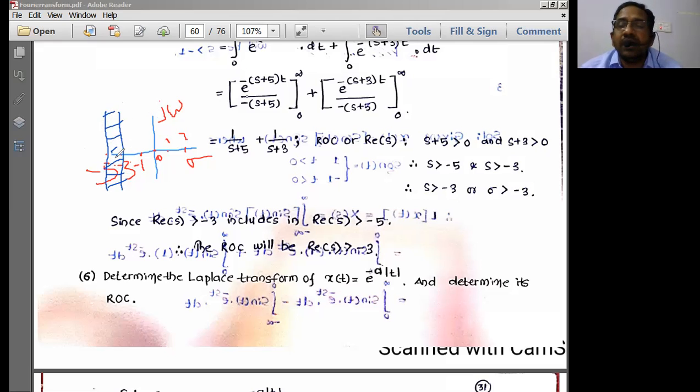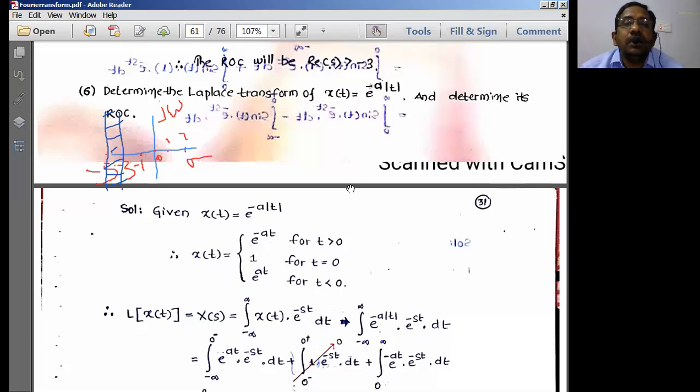This is the benefit that we get when we find the Laplace transforms in comparison to the Fourier transforms. So this is what we normally have here. I think you have understood the concept of this particular ROC.